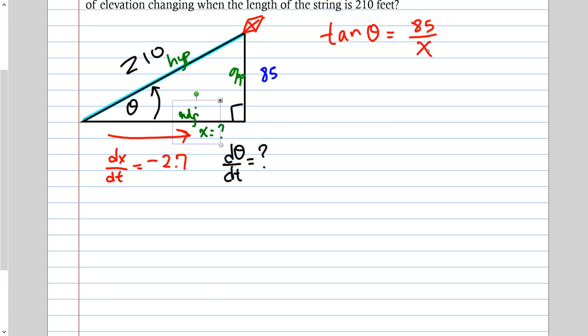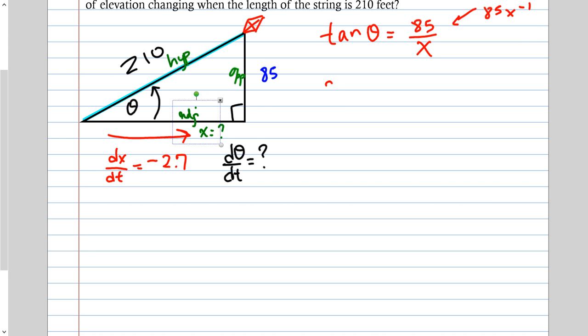And then when I derive this, because x is in the denominator, this is 85 times x to the negative 1 power. When I derive this, x doesn't just magically go away.